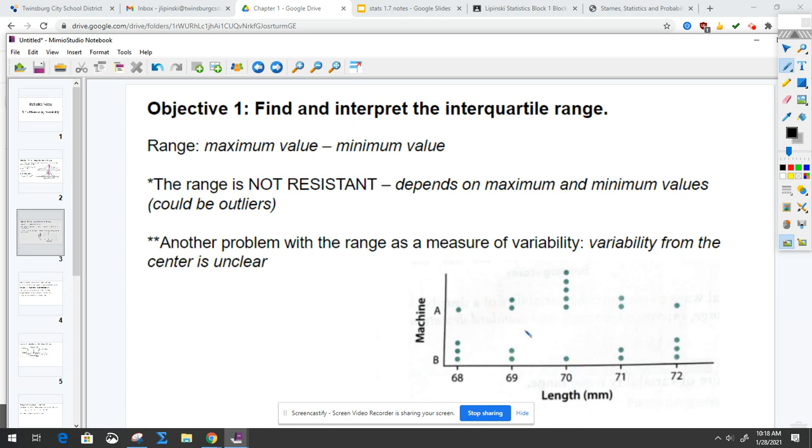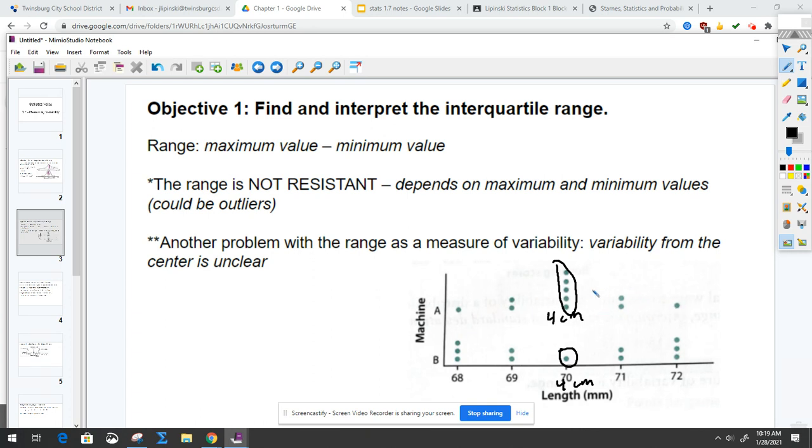If you look at this set of data, the range for the top would go from 68 to 72, which would be 4. And same thing here, 72 to 68 would be 4. The problem with the bottom set of data is that it only hits the target point one time, whereas this one is exactly at 70 five times. So they would clearly want to use this one, where they're only off a couple of times, the top set of data.